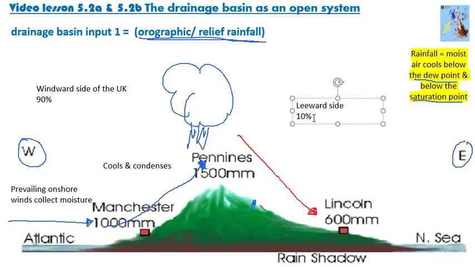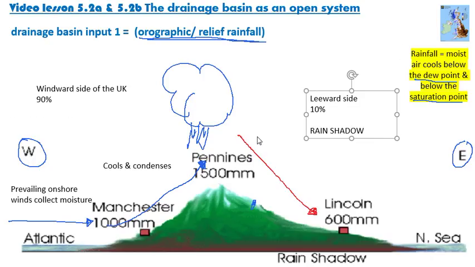And there's another key word that I want you to remember, and the examiner will probably be thinking, oh my god, I've got an awesome geographer on my hands here if you mention the word rain shadow, because only 10% of relief rainfall falls on this side, and we say that area is in rain shadow.